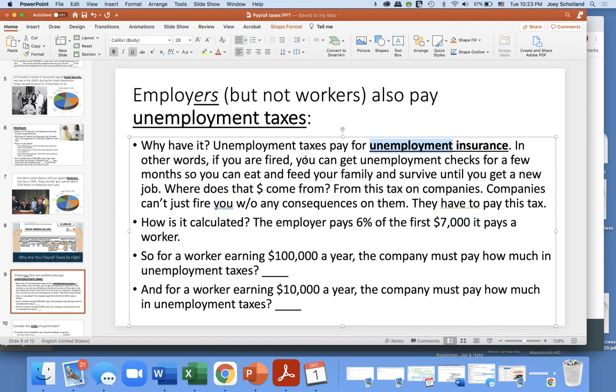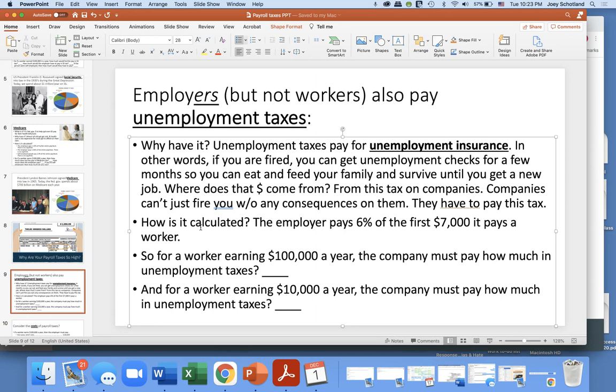In other words, if you're fired, you can get unemployment checks for a few months so you can eat and feed your family and survive until you get a new job. Where does that money come from? It comes from this tax on companies. Companies can't just fire you without any consequences on the company. They have to pay this tax.